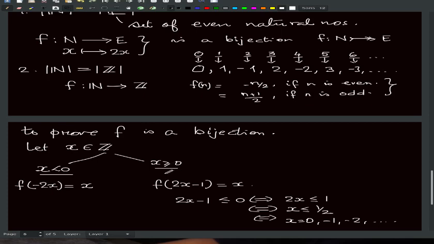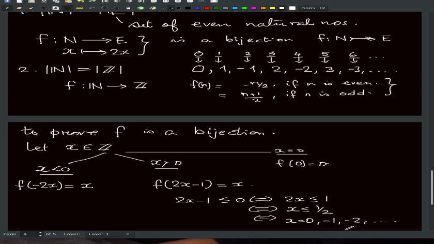So we have to make a change. If x is greater than 0, and finally if x is equal to 0, then f of 0 is 0. So let's make this change. This check tells me that if x is greater than 0, then 2x minus 1 can never be less than or equal to 0.